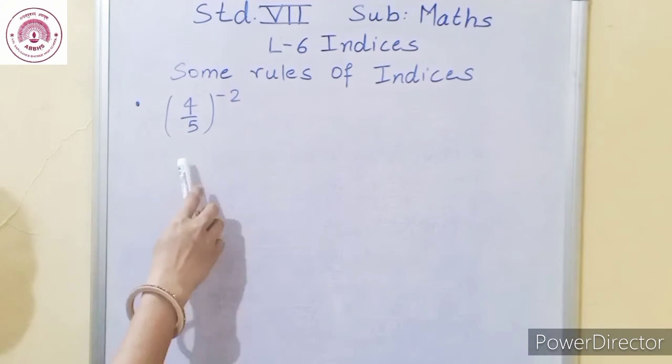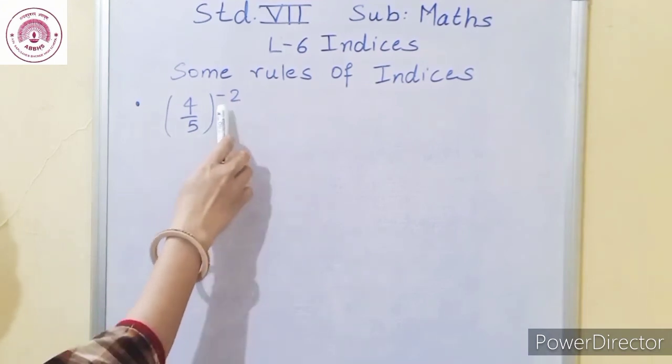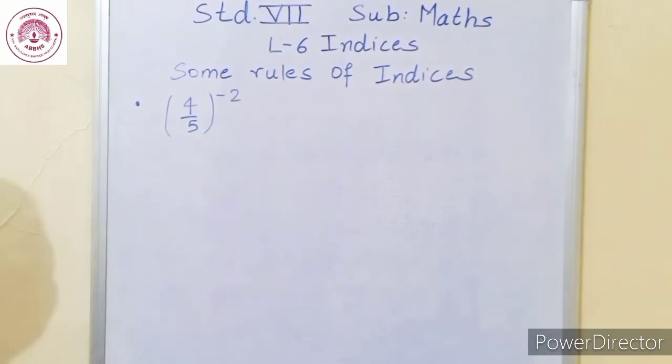Now let us consider 4 by 5 raised to the power minus 2. If you can observe, this is in the form of a raised to the power minus m. As we have learned, a raised to the power minus m can be written as 1 upon a raised to the power m.